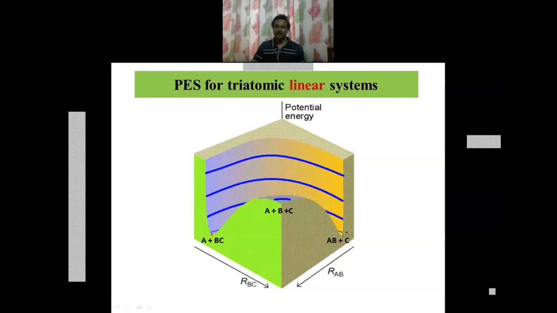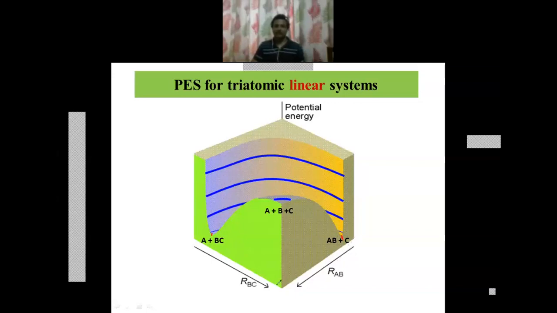This is the equilibrium bond distance of AB, but C is still infinitely separated. So that means this is AB plus C, so this is products. This is reactants, and these are products.